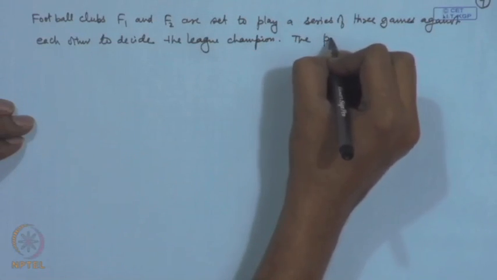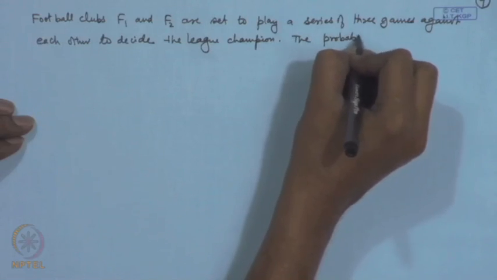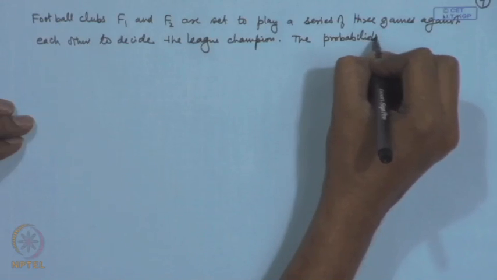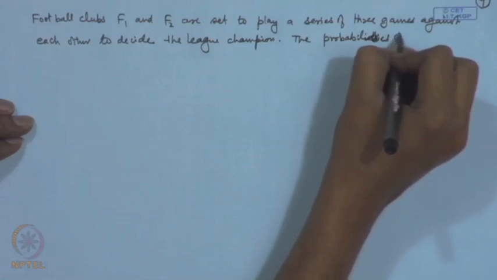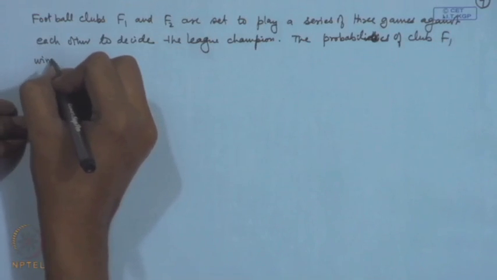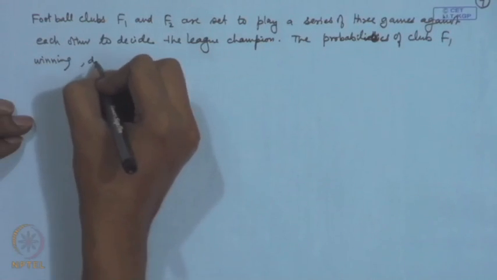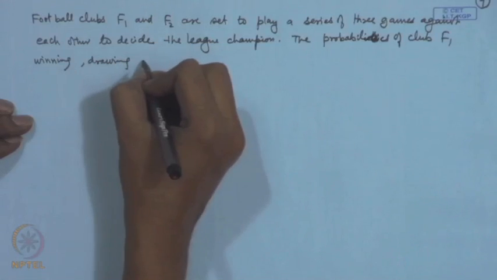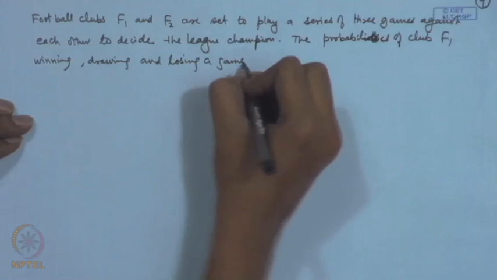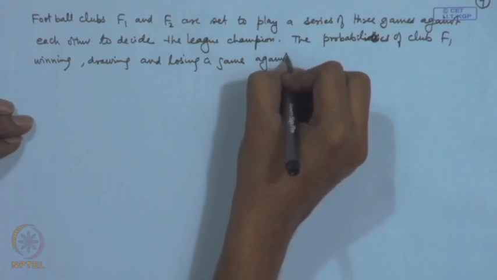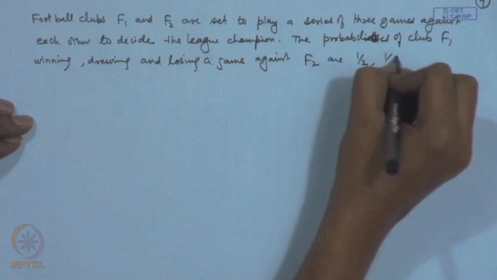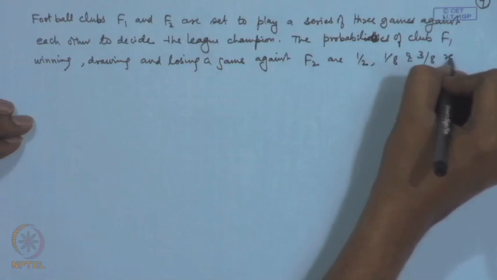The probabilities of club F1 winning, drawing and losing a game against F2 are half, 1 by 8 and 3 by 8 respectively.